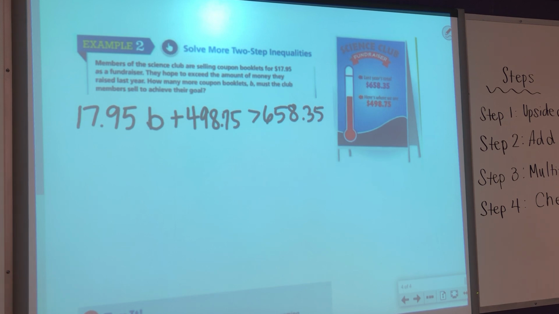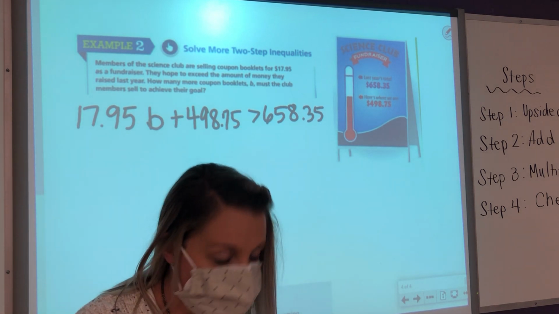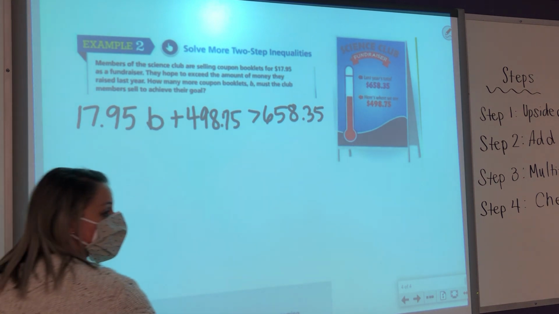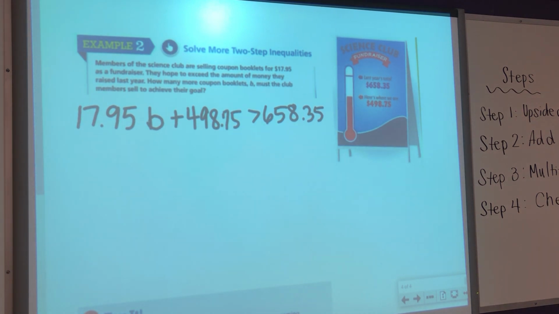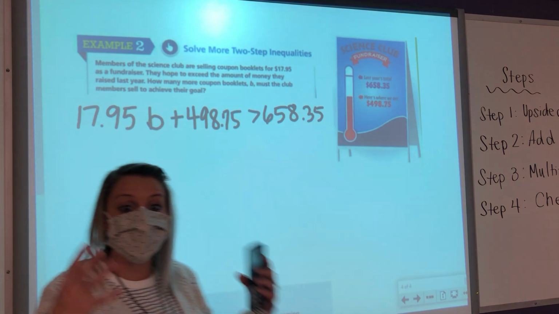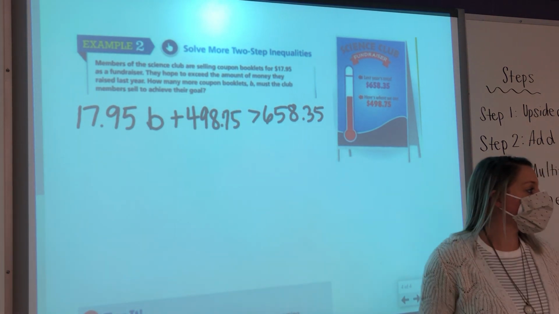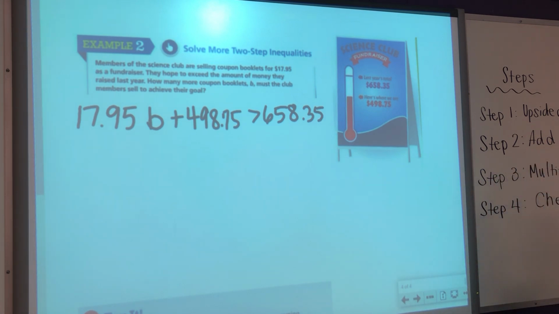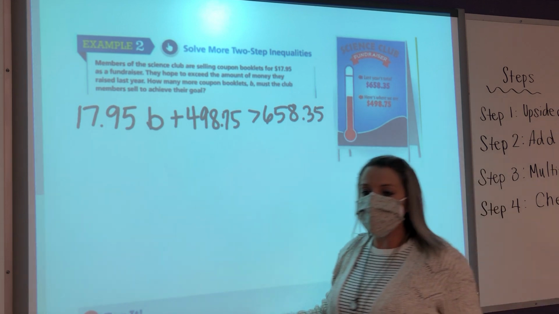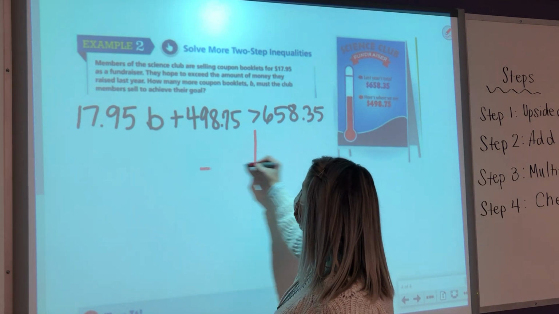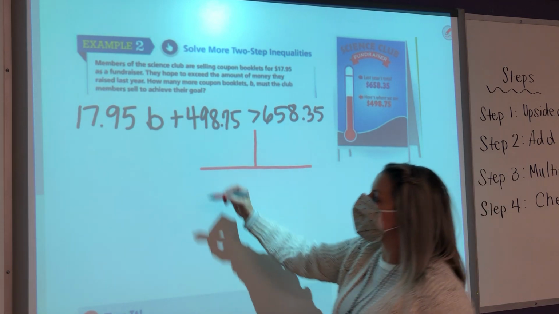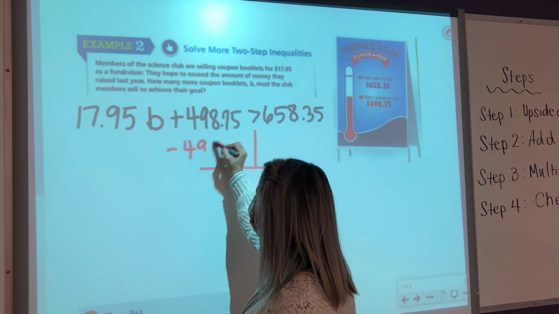Now, these numbers are larger. Is that okay? Yeah, that's okay. Do we still know how to do these problems? Yeah, we started small, right? We started with integers. We started with numbers between 1 and 10. Now, because we're so good at that, and we've done so many of those problems, we can handle larger numbers. Our process does not change just because our numbers are larger.